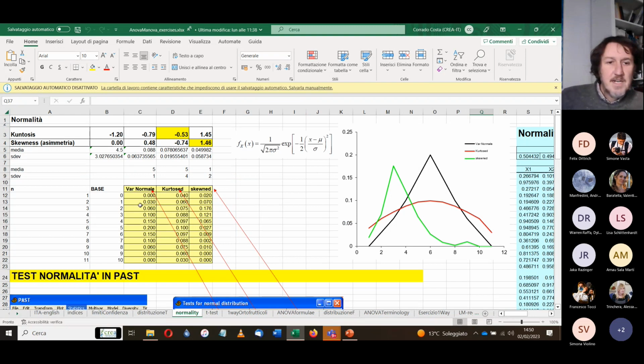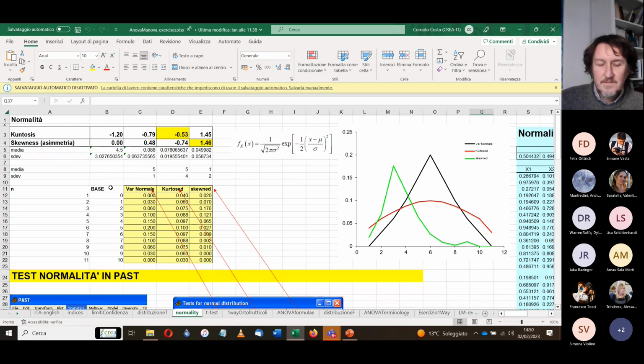Here we have three distributions: the one with the normal variance, the kurtotic one that is the red one, much more flat, so the variability is higher, and the skewed, so the asymmetrical one, is the green one.